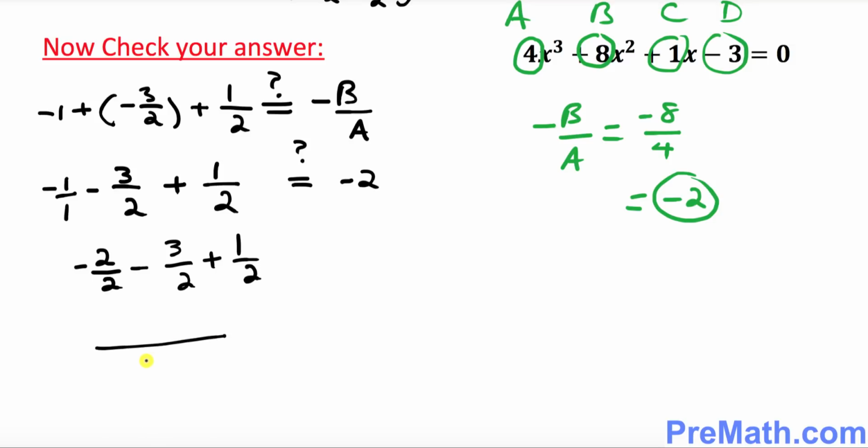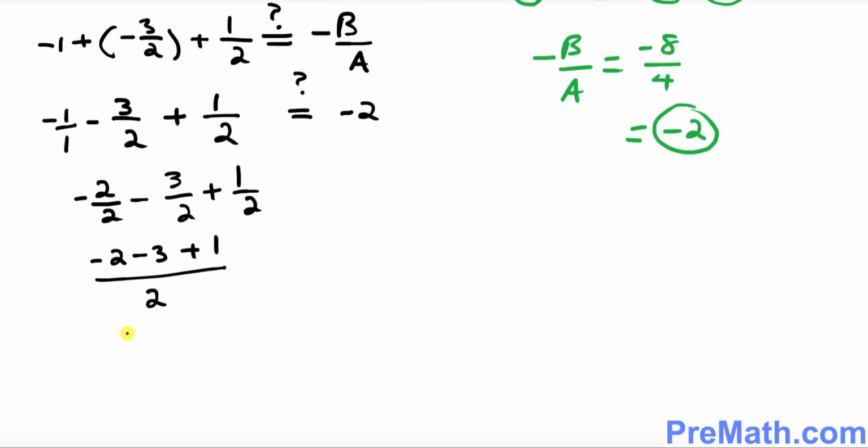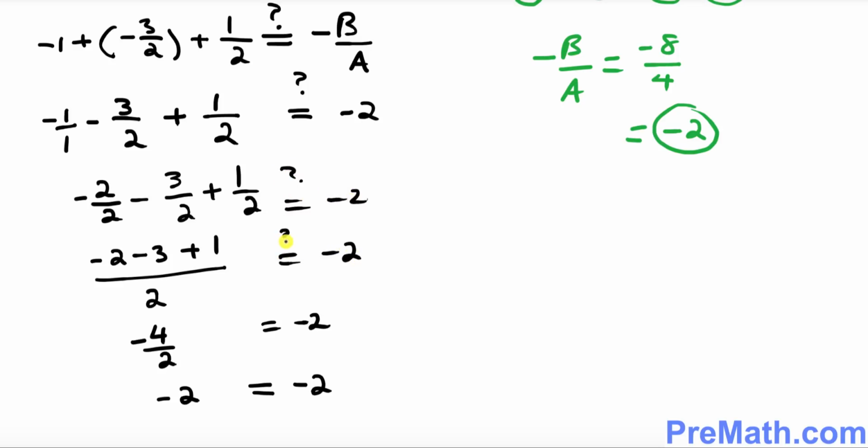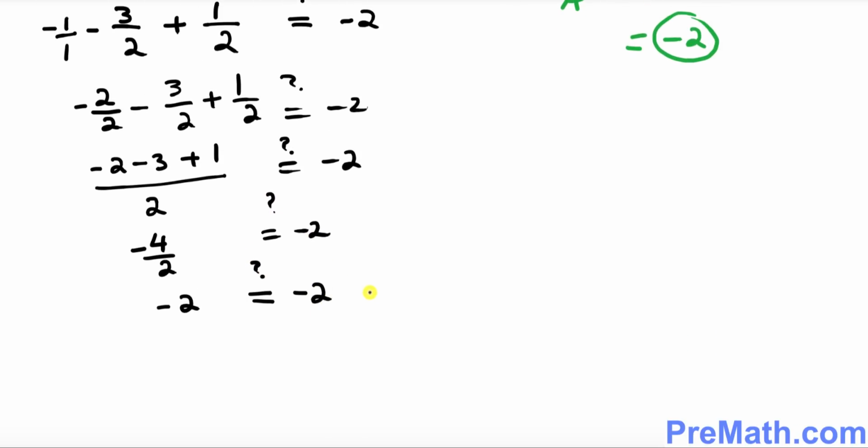With the common denominator 2, I can write it once: negative 2 minus 3 plus 1. That gives you negative 4 on the top over 2, which turns out to be negative 2. And on the right hand side, we know that this is negative 2 already. So now you ask yourself, is the left hand side the same as the right hand side? Yes, they are the same. So we checked our answer.